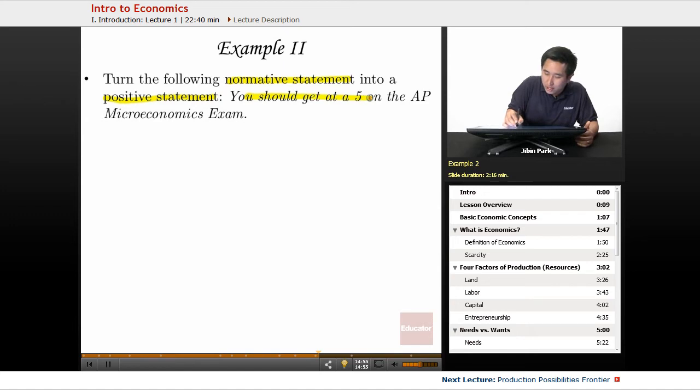Another example, let's turn the following normative statement into a positive statement. You should get a 5 on the AP Microeconomics exam. Again, that's a great thing. Getting a 5 is an absolute achievement, but it's really a normative issue. So let's turn this into a positive statement.